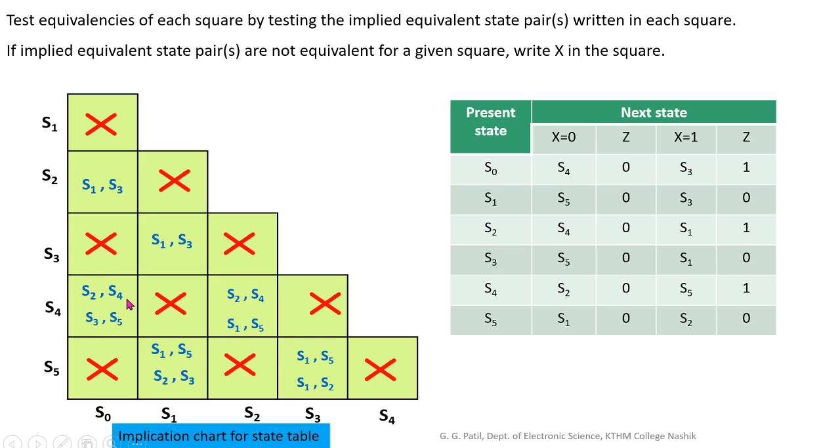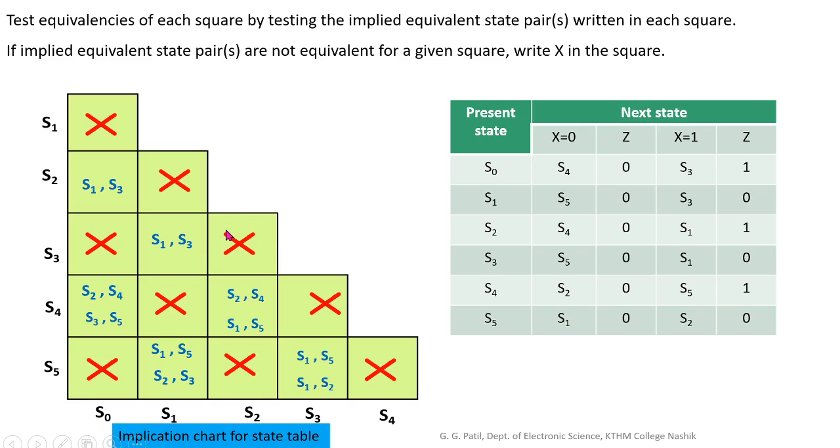Here S2 S4 is there, and if we check the S2 S4 state square, it depends on S2 S4 and S1 S5. So let us check S1 S5, it depends on S2 S3. So let us check S2 S3.